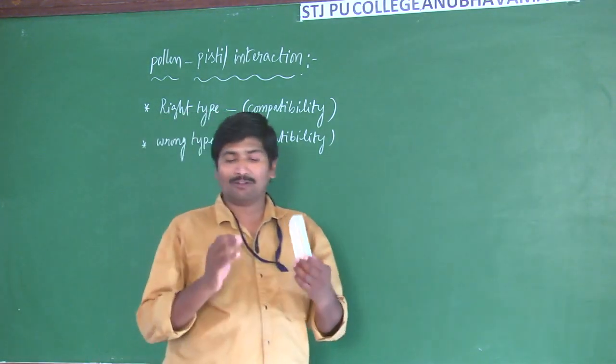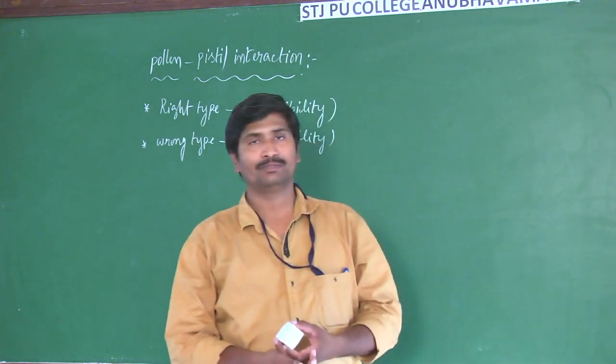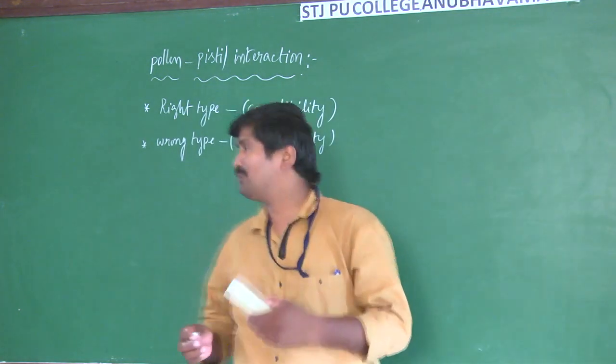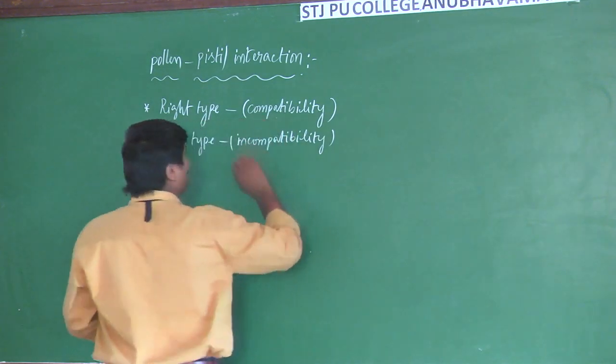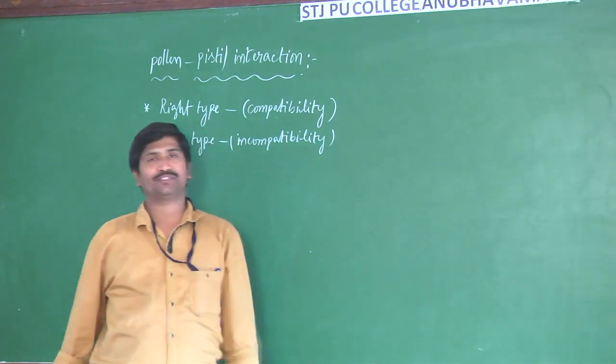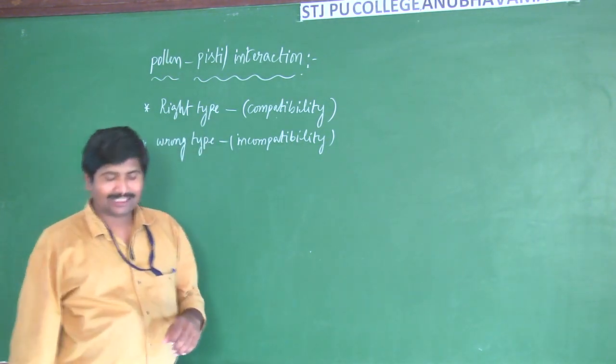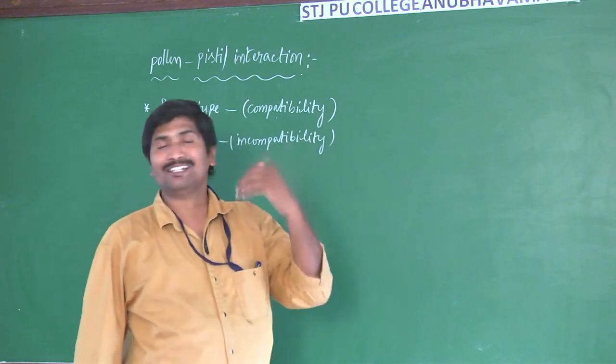Pollination does not guarantee the transfer of the right type of pollen. What is meant by right type of pollen? Compatibility: the pollen grains belong to the same species. What is incompatibility? The pollen grains belong to another species.